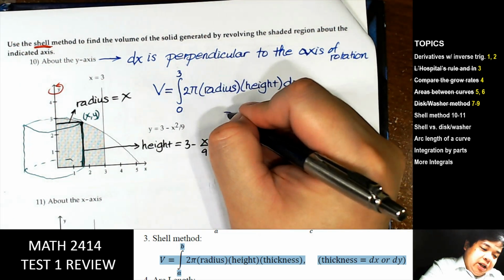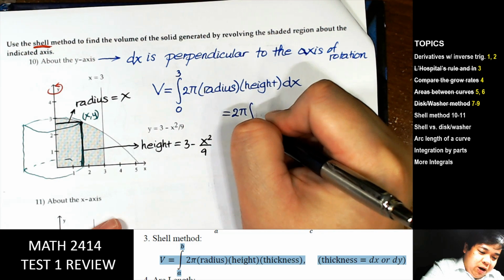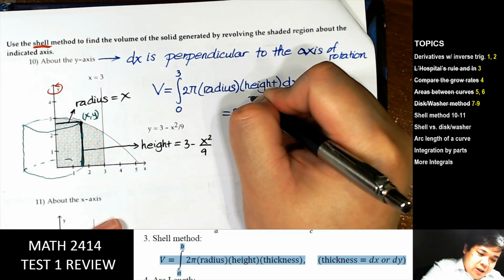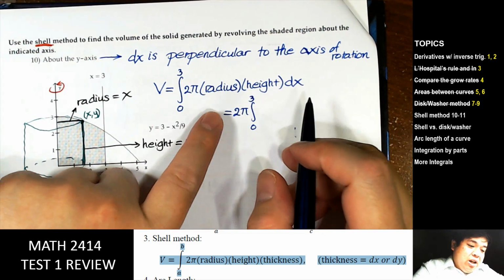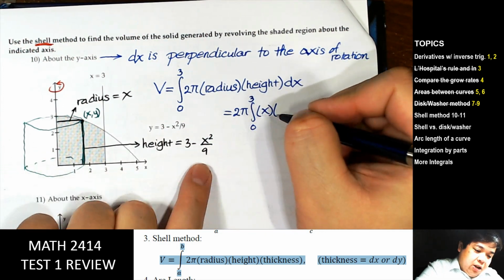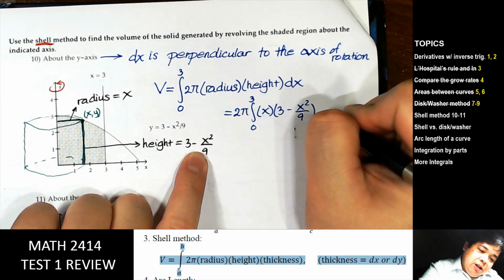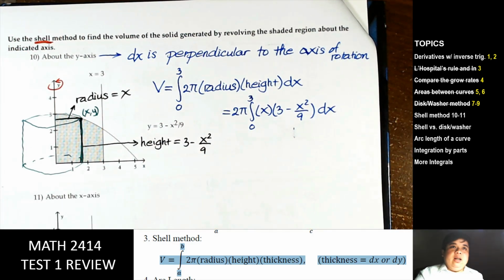So put everything in the integral. I will pull out the 2 pi. The radius is going to be x. The height is 3 minus x squared over 9, and then dx. So that's how we set it up.